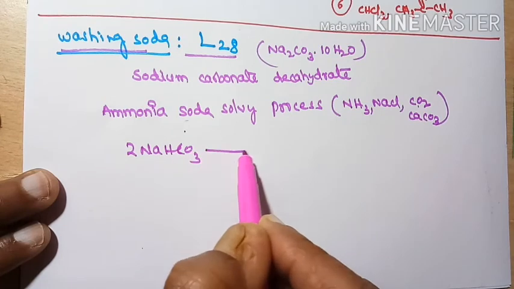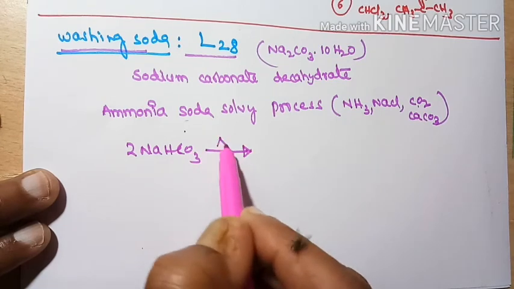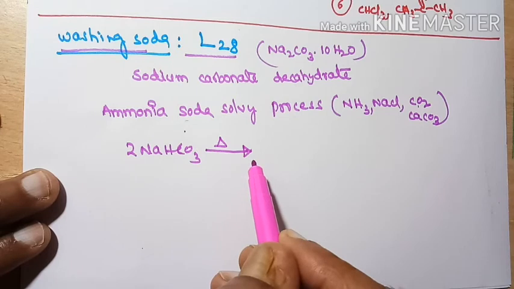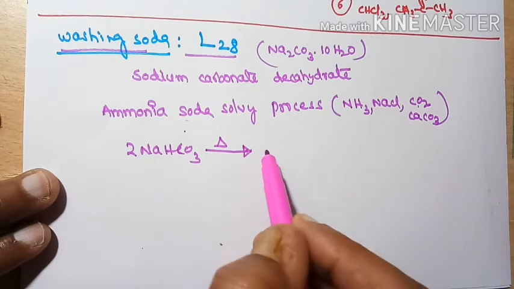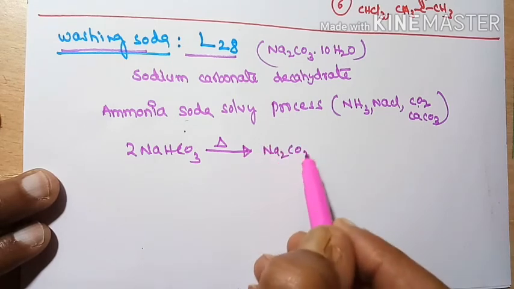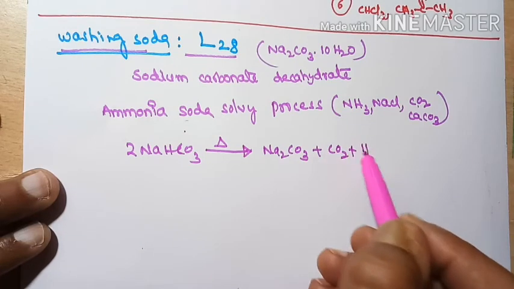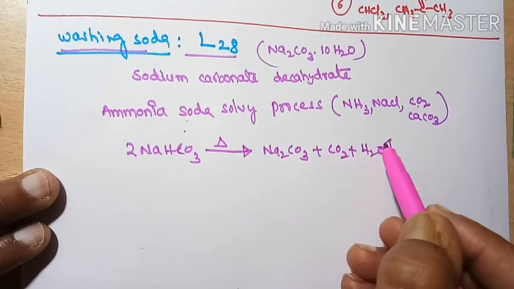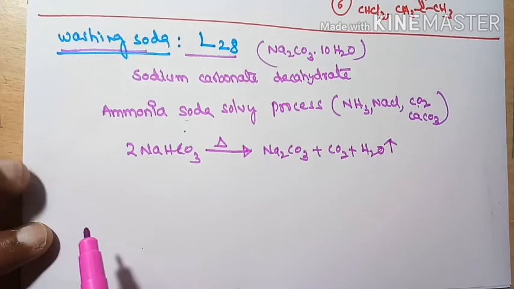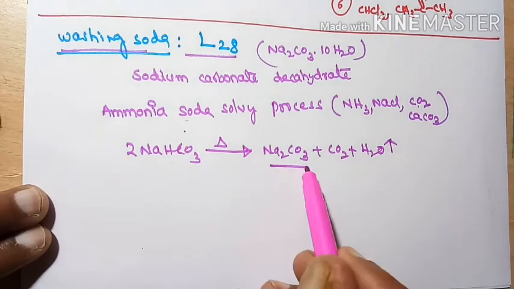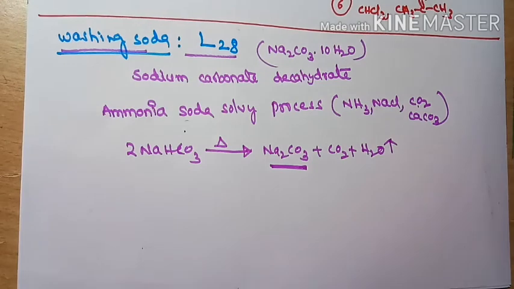When the sodium bicarbonate is subjected to heating, we get sodium carbonate plus CO2 plus H2O vapor released. In this way we prepare sodium carbonate. I am just concentrating on preparing sodium carbonate for the 10th standard only.